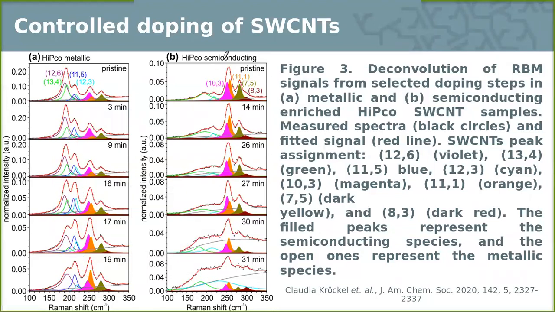When we see the semiconducting sample, we see that these 10-3 peaks, or these peaks that we have here on the left, tend to go away absolutely. And the peaks that we have here on the right also tend to go away. But we also have a shifting from the initial to the final step. So we had to analyze several things.